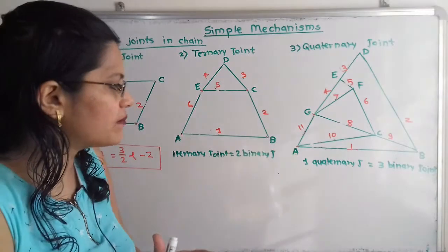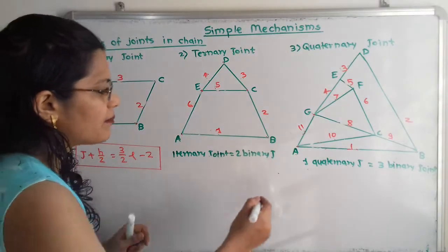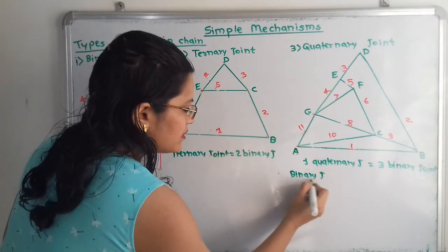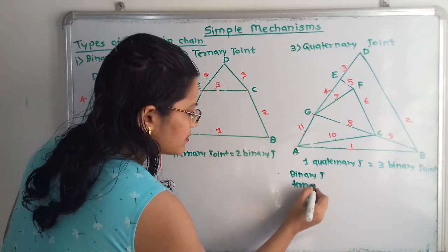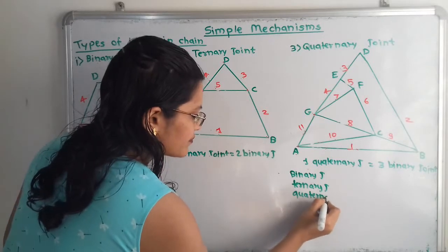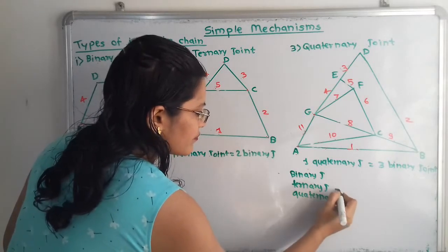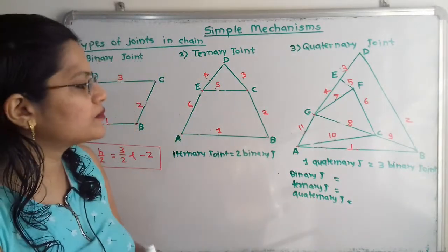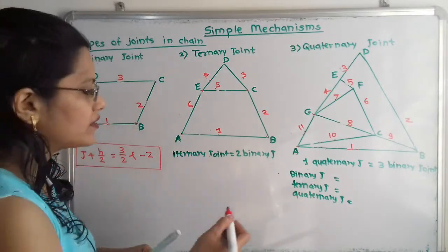So first I will mention here, this is the binary joint, then ternary joint and quaternary joint. So now we have to mention it. Now if we observe, we will move from one point to another point.